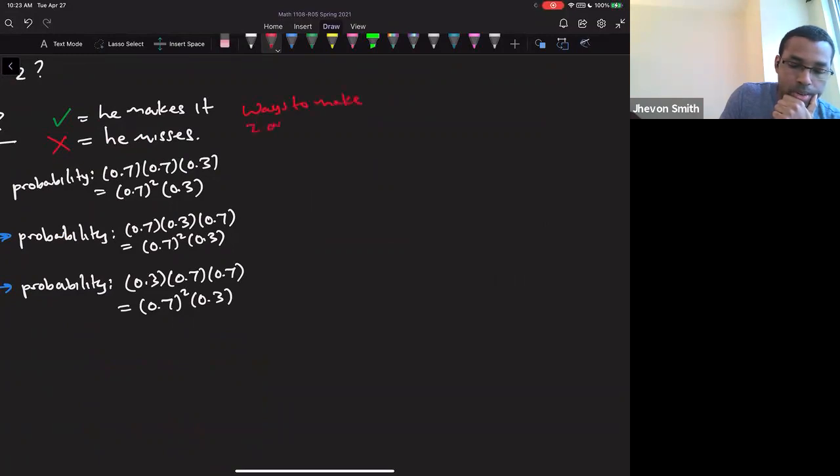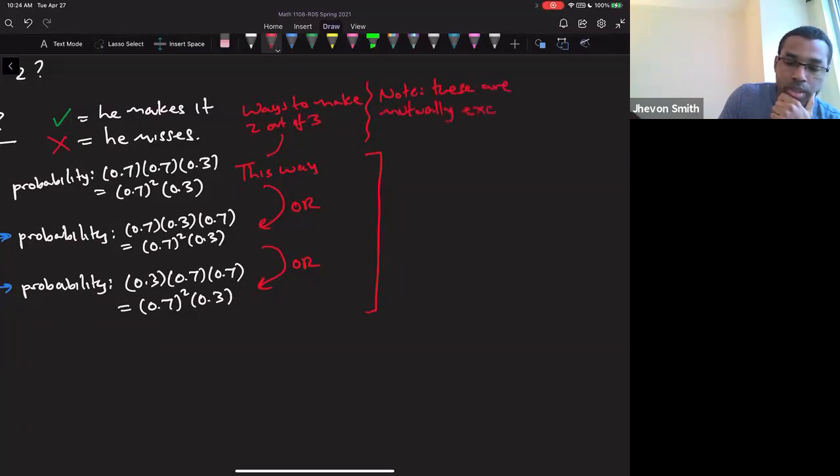On top of that, the ways to make 2 out of 3 are this way, or this way, or this way. And I want you to note these are mutually exclusive.